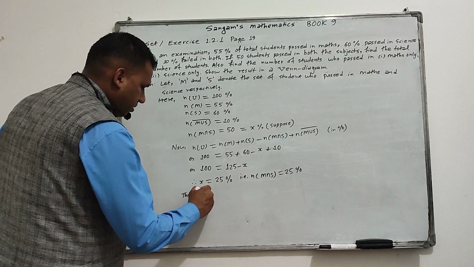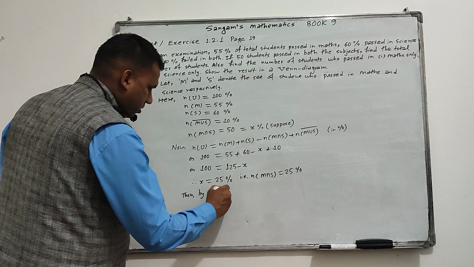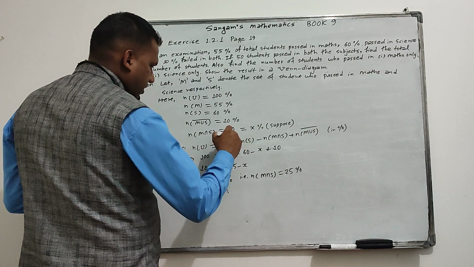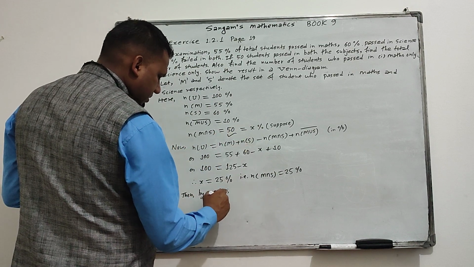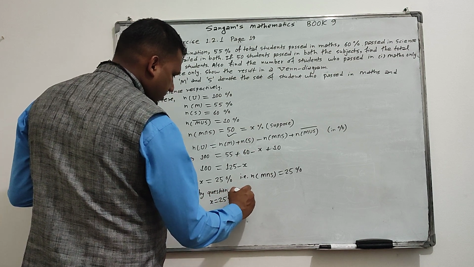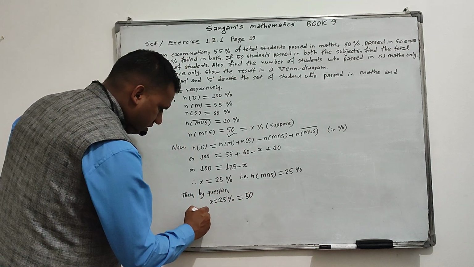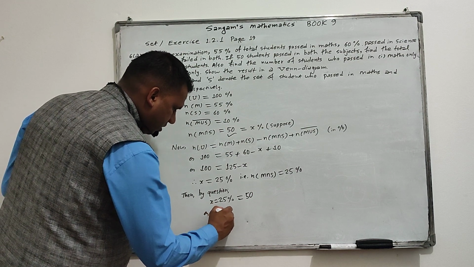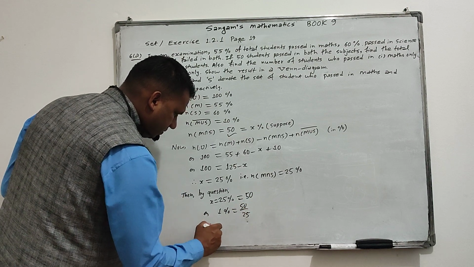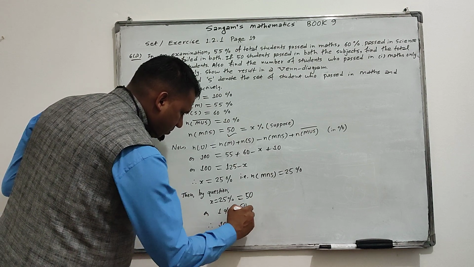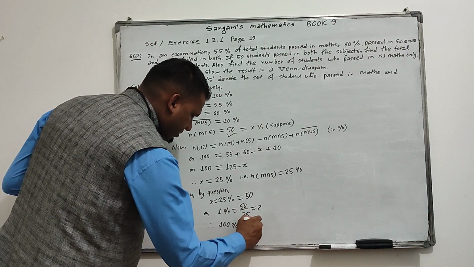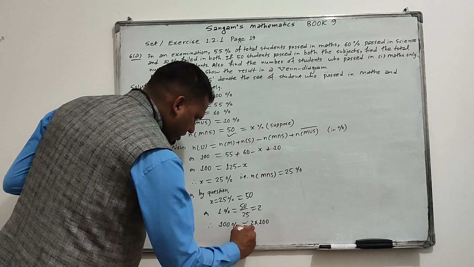Then by equation, X 25% equals the number 50. So 25% equals 50, or 1% equals 50 divided by 25, therefore 100% equals 2 times 100, that is 200.